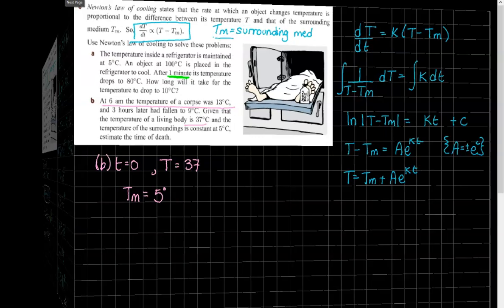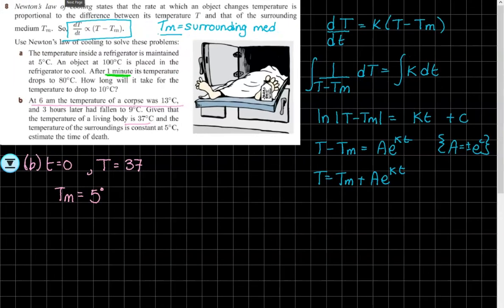So we could say, if we're assuming this is so many hours after midnight, you could make that assumption, then we could say that at T equals 6 the corpse was 13. And then for this bit, when it's 3 hours later, then T is 9. Oh no, but it doesn't say what time it was. Hopefully that makes sense. That's for B.